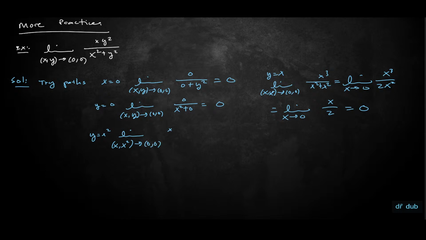That'll give me x times x squared squared over x squared plus x squared squared, which is the limit as x goes to 0 of x to the 5th over x to the 4 plus x squared. Again, I could cancel x squared, but the numerator degree is 5, denominator degree is 4. This is going to go to 0.